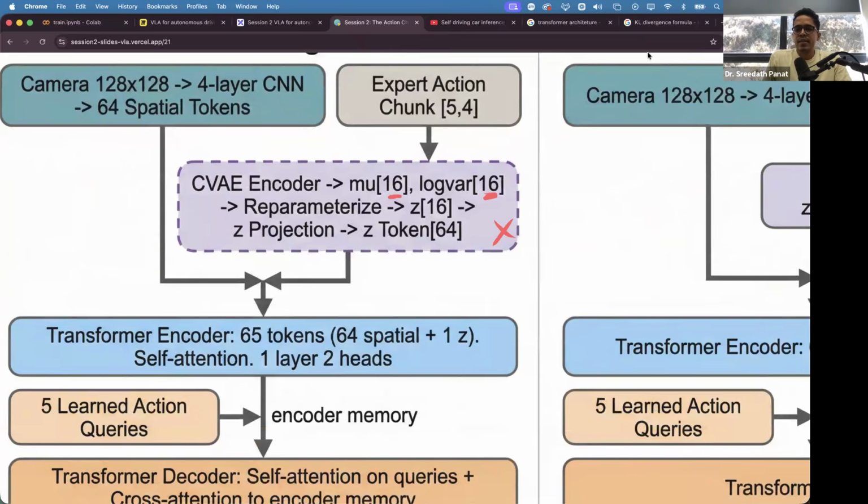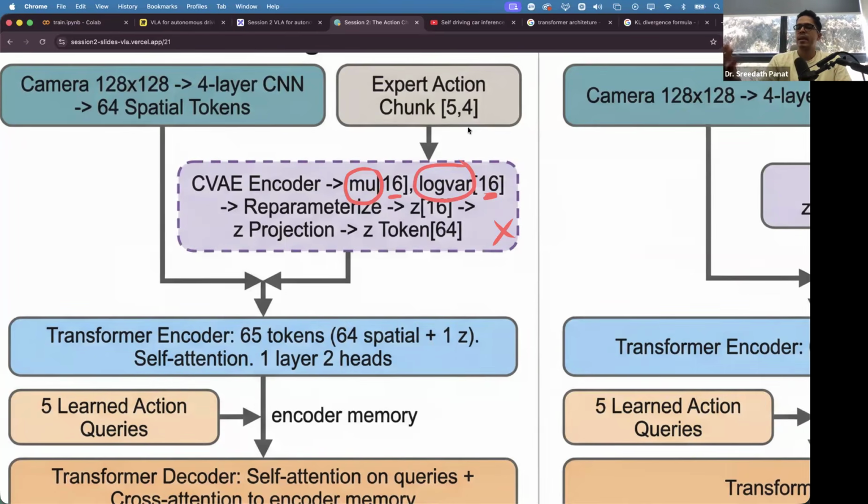The projection is done in such a way that the encoder part of the variational autoencoder, which will be just like a multi-layer perceptron, will try to predict 2 outputs. It will try to predict a mu and a logarithm of variance. Why logarithm of variance and why not variance directly? The reason is variance is a positive number. Variance is sigma square, right? It's always a positive number.